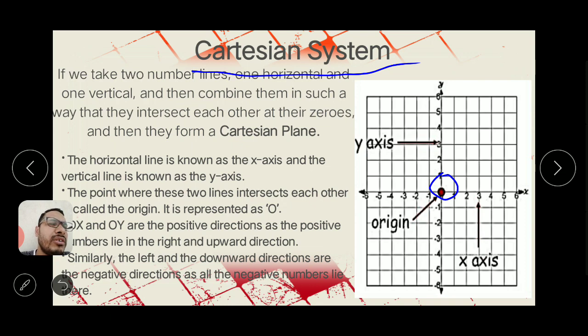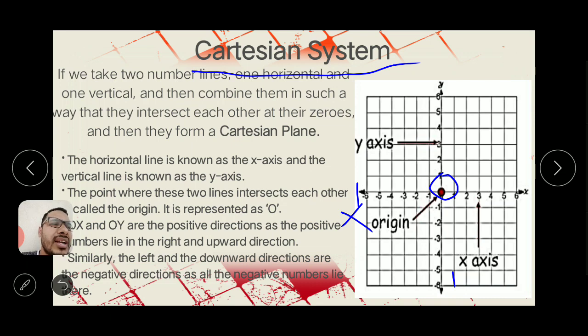To the right of it is x positive, and to the left of O is x negative. We represent it by x and x dash. To the up of the vertical line is y, and to the down of it we have y dash.